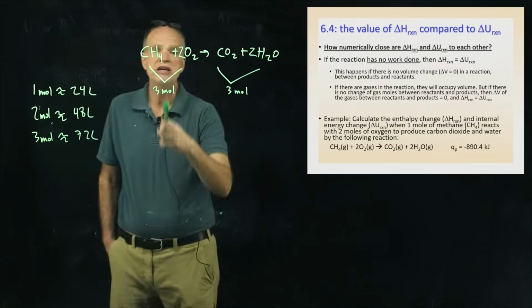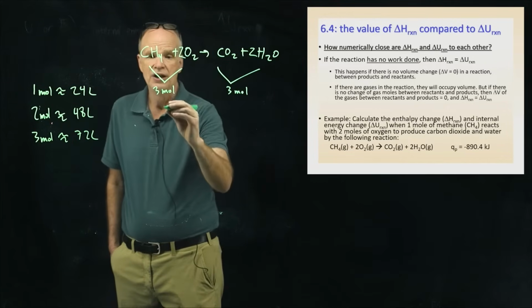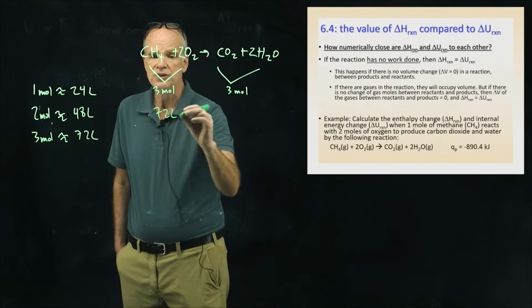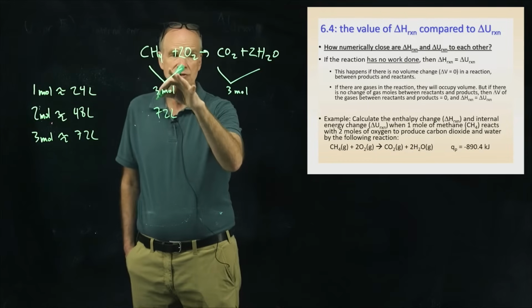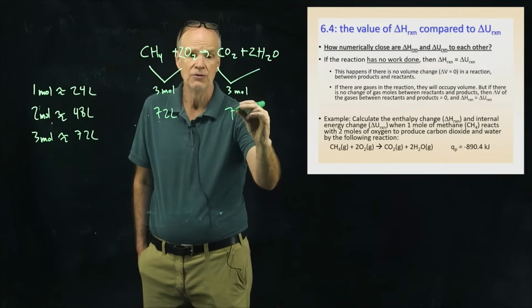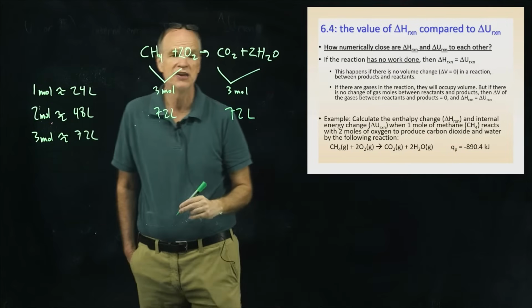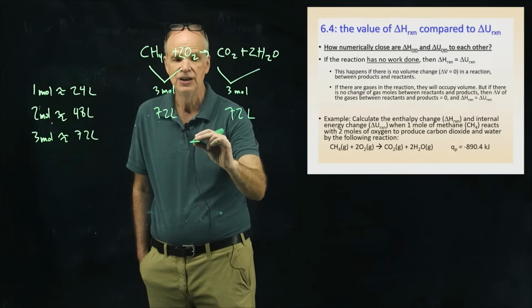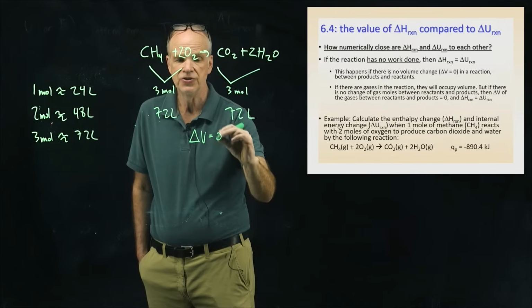For these reactants, 3 moles will occupy 72 liters of space. When those reactants are completely converted to products, they also occupy 72 liters of space. So in this particular reaction, delta V is equal to 0.